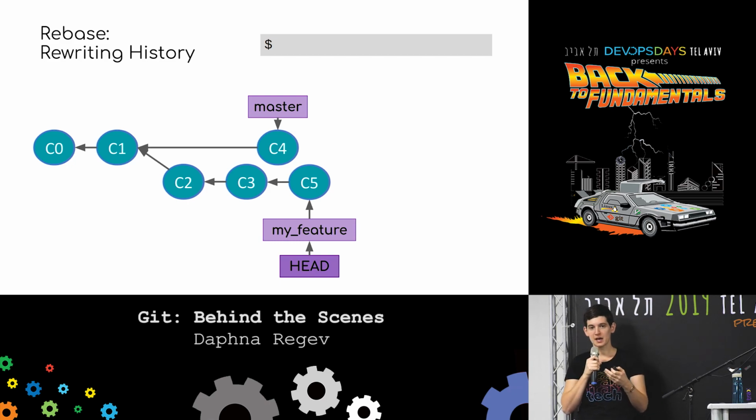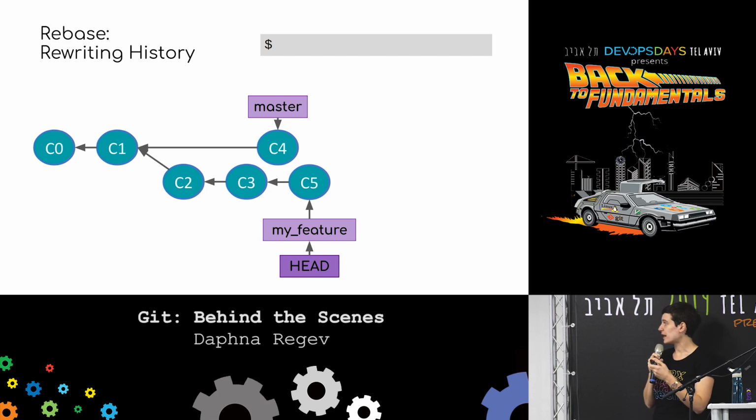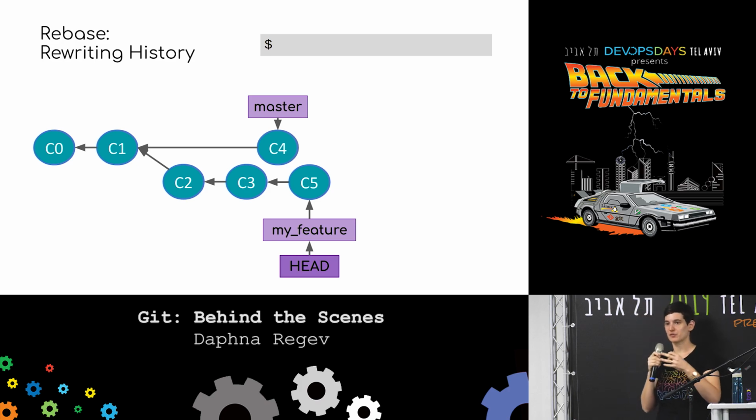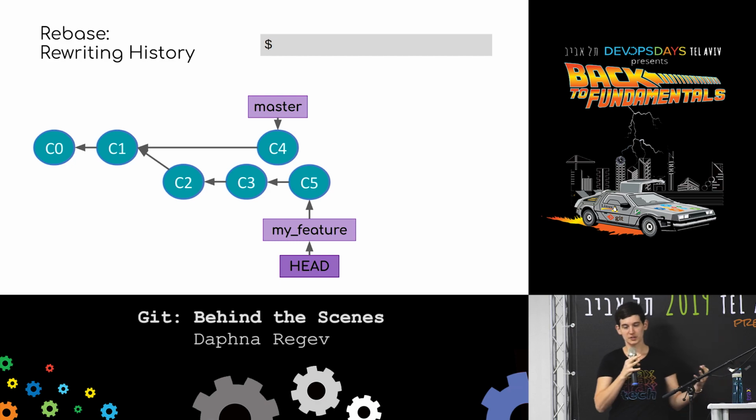So if we had this example with our changes to master and to my feature, what we can say is that conceptually, it doesn't really matter who made what changes before. It doesn't matter if our fourth commit happened before the third commit. What we really want to do is take all of our feature and put it just at the end of master.